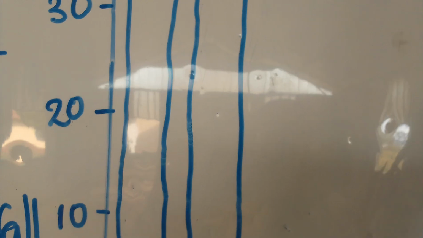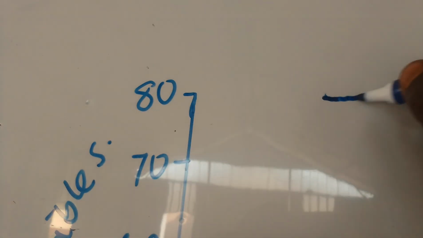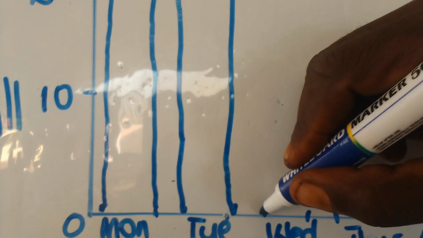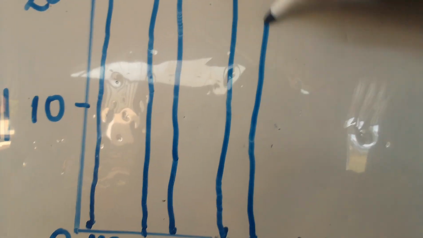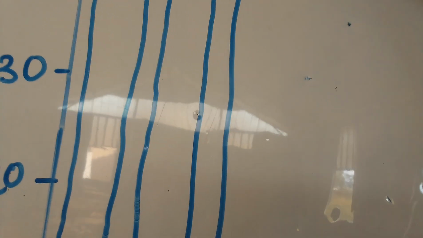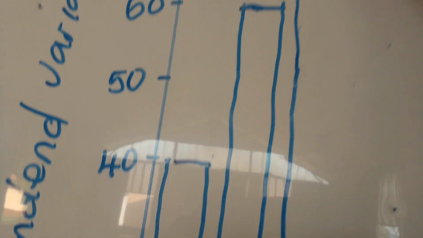Then I draw my bar. Then Wednesday is 80. I'm going to consider 80 there. Now I'm going to draw my bar. Like I said, I'm using freehand because I am doing it alone.